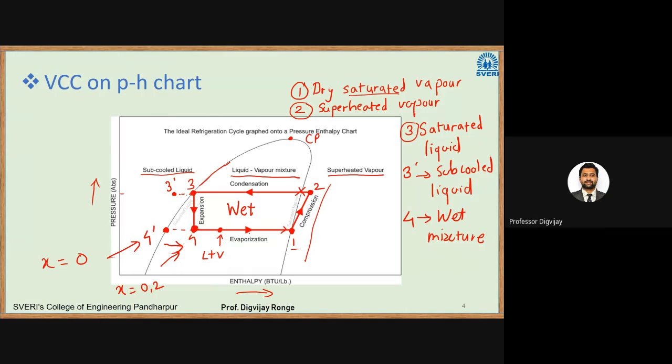If you further supply the latent heat, it will reach point 1. At point 1, x is equal to 1. That means the mixture is now completely dry vapor. So this is how the cycle works. If you simply remember this p-h curve, that the left part is subcooled, the right part is superheated, and in between it is a liquid vapor mixture, your idea about the various processes will be clearer.